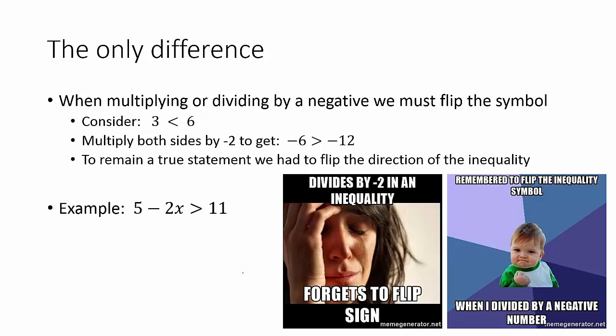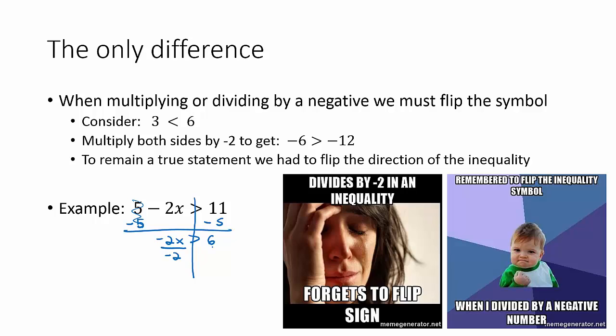So, here's an example. It solves just like an equation, except we know if we ever multiply or divide by a negative, we have to flip the symbol. First, we get rid of the standalone number without the variable by subtracting 5 from both sides. So negative 2x is greater than 11 minus 5, which is 6.